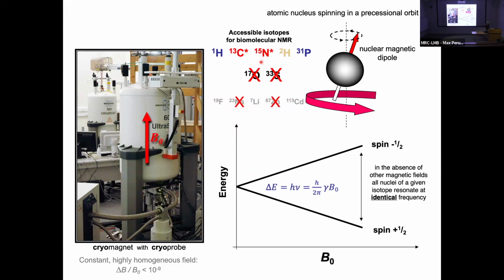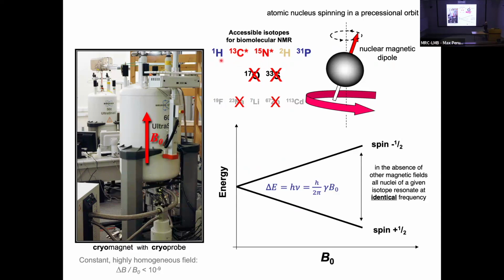Now, all of the isotopes that I've listed there have a very interesting property: a so-called nuclear magnetic dipole, which means the nucleus has a north and south pole, formally referred to as a spin-half nucleus. And all of these are so-called spin-half nuclei.